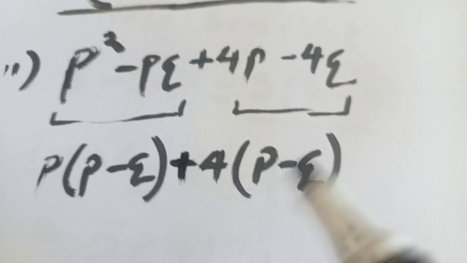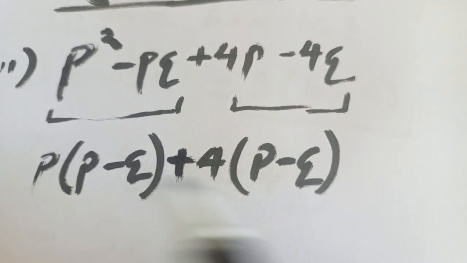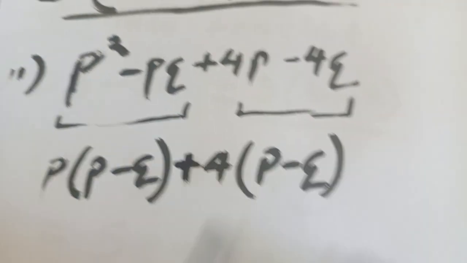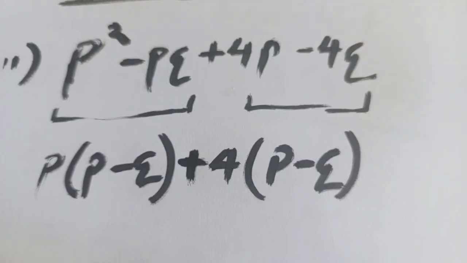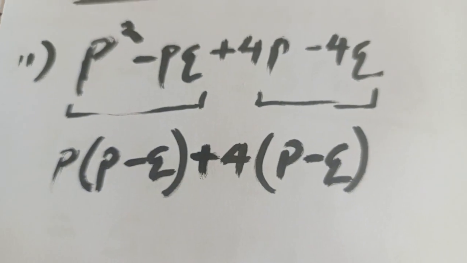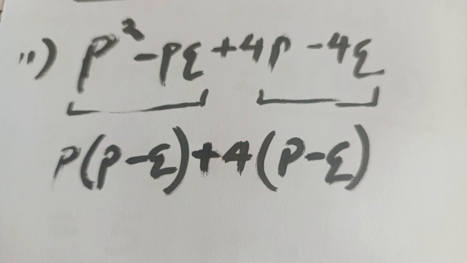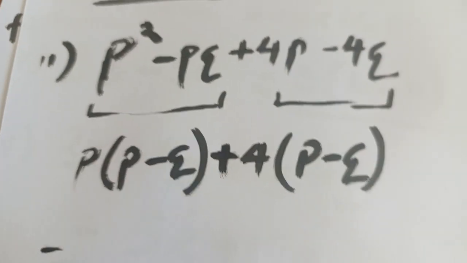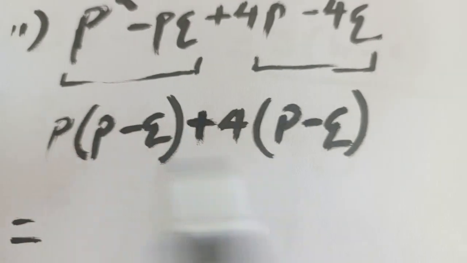Remember, whatever you do after factorization, when you expand, you should be able to get back to the original. The meaning should not change. Factorization should only lead to the change of appearance, but not change of meaning. So again, look here. You have the same brackets.